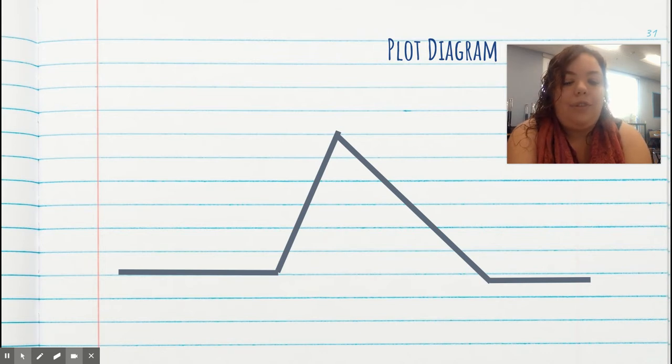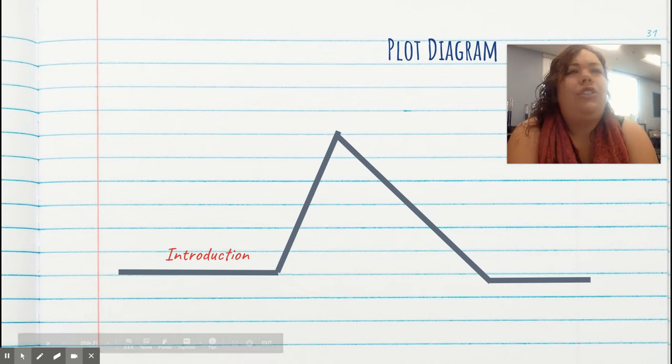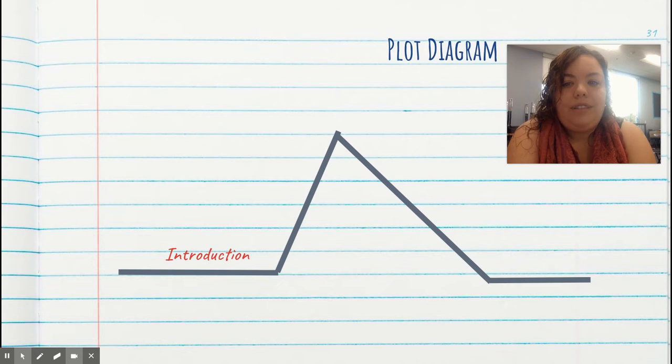So the first part of a plot diagram is the introduction, which just like in writing or anywhere else that you've seen that word before, you're just introducing the story. So usually in an introduction, you're going to talk about who the characters are, talk about the setting, and maybe some important things.